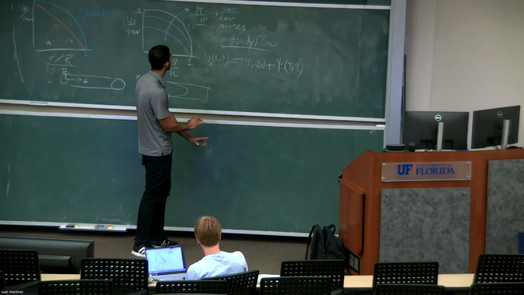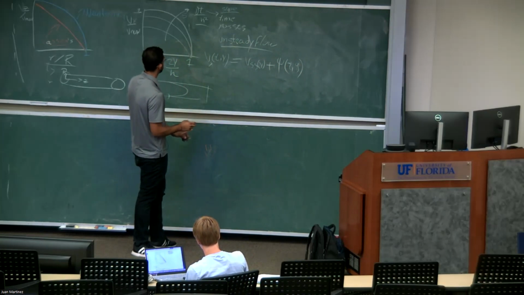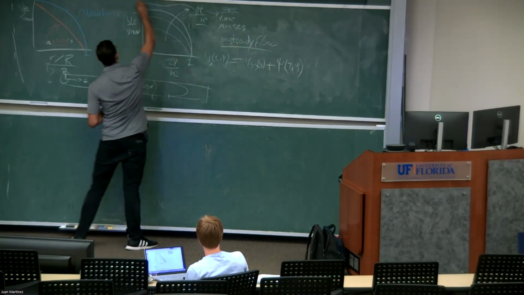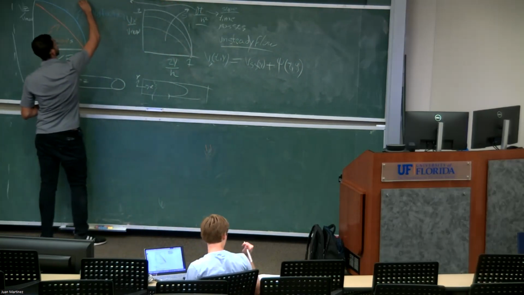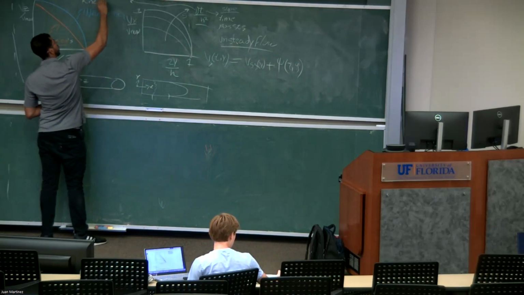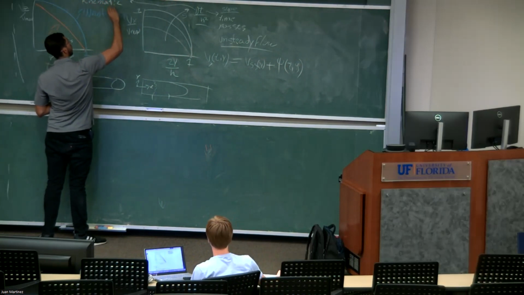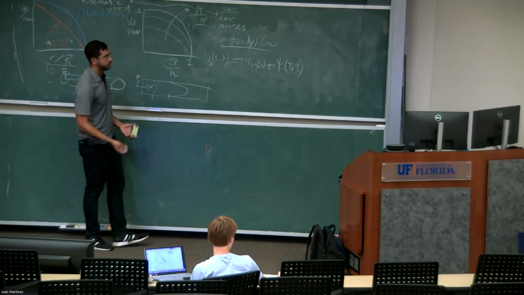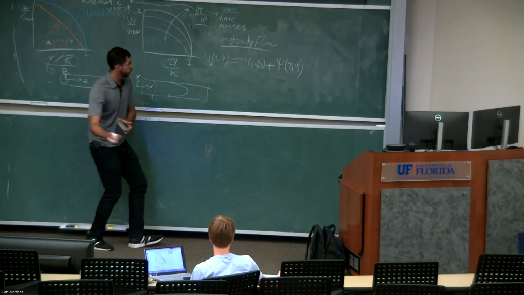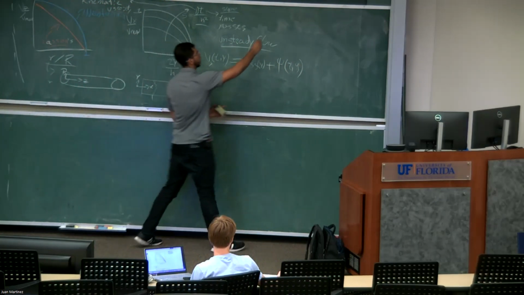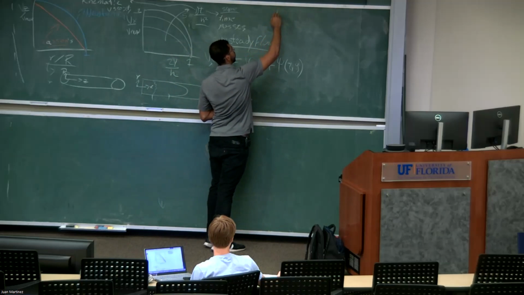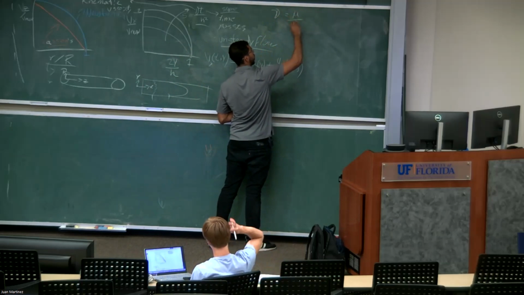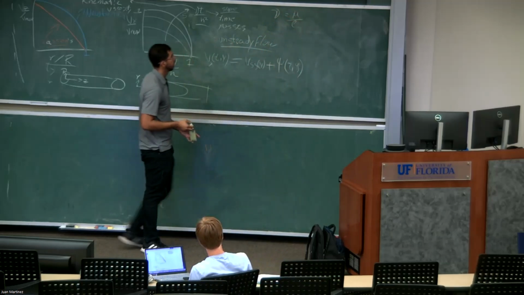Okay, we know that. Can you tell me what this is? The word kinematic, it's called kinematic viscosity, right? And it's the Greek letter nu. It's viscosity divided by density. So nu is viscosity mu divided by rho.